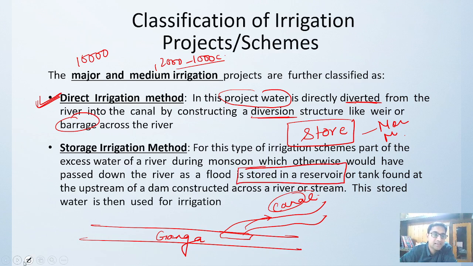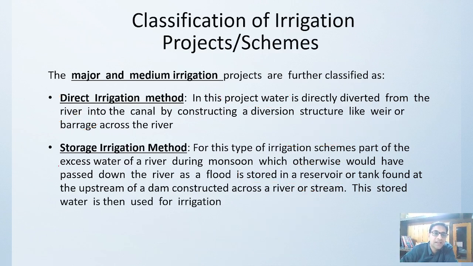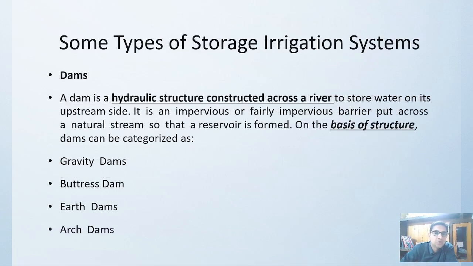Under the storage irrigation system, we put dams. So what is a dam? A dam is a hydraulic structure constructed across a river, and based on how the dam has been built, there are four types of dam: gravity dam, buttress dam, earth dam, and arch dam.